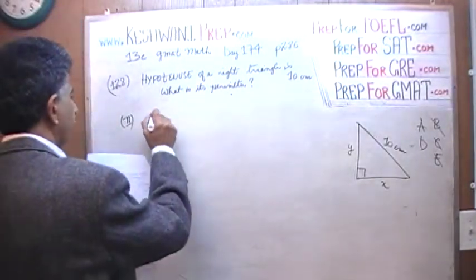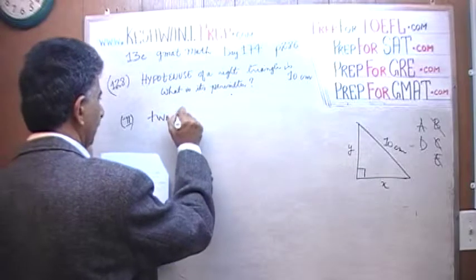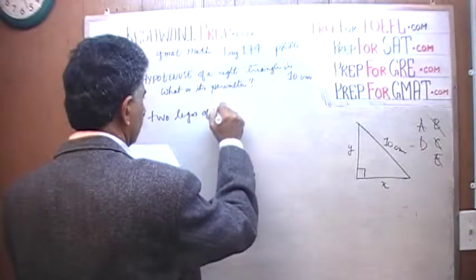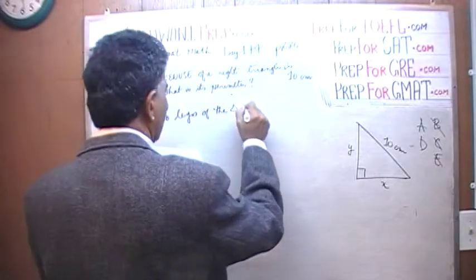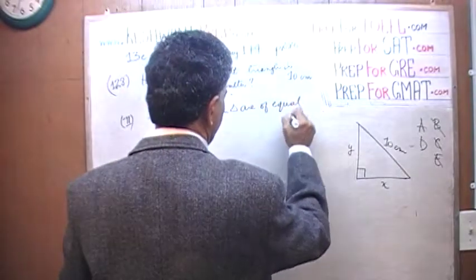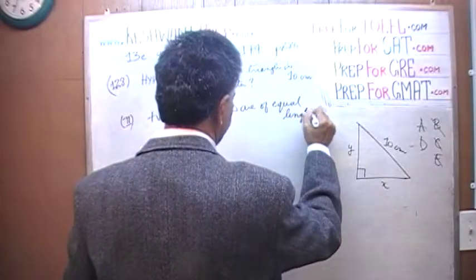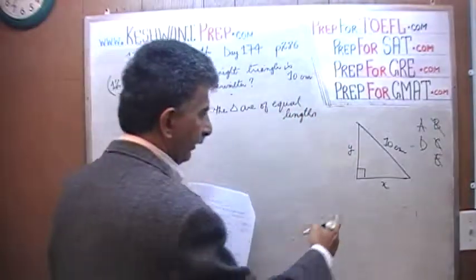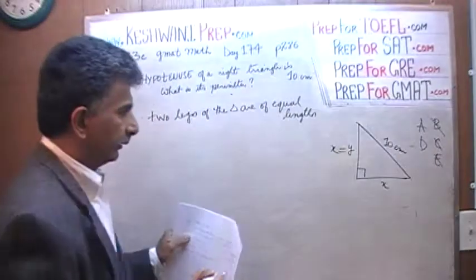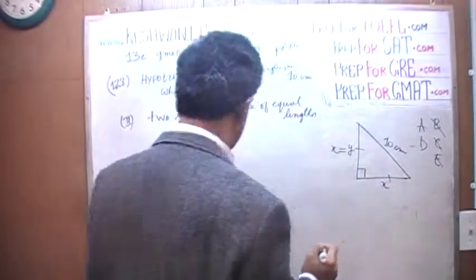Statement 2 tells us two legs of the triangle are of equal length. In other words, if this side is x, then this side is also x. They are equal. These two sides are equal.